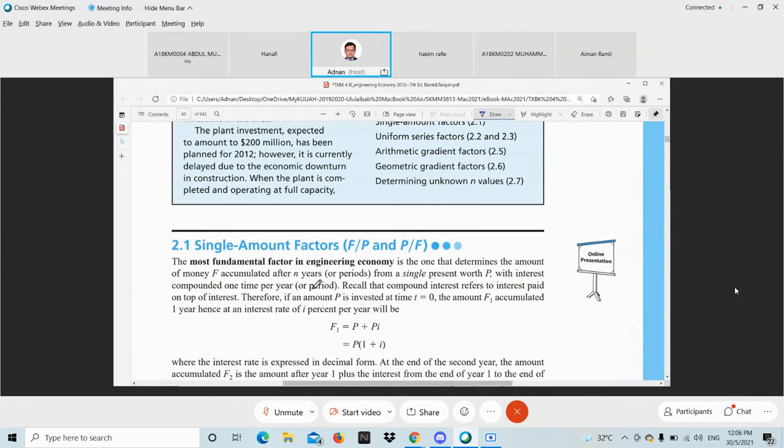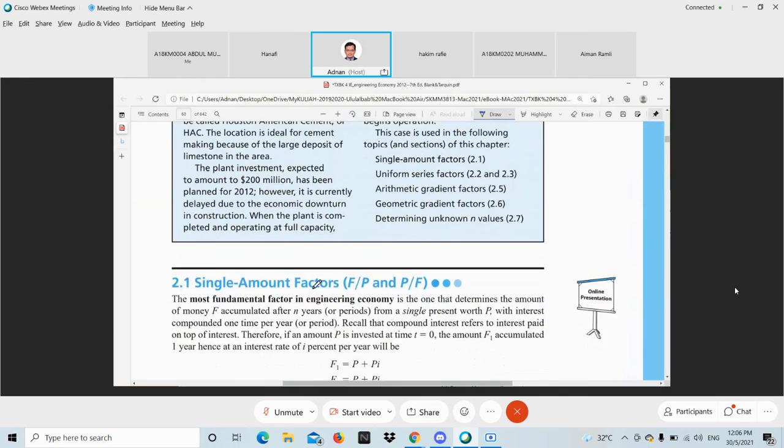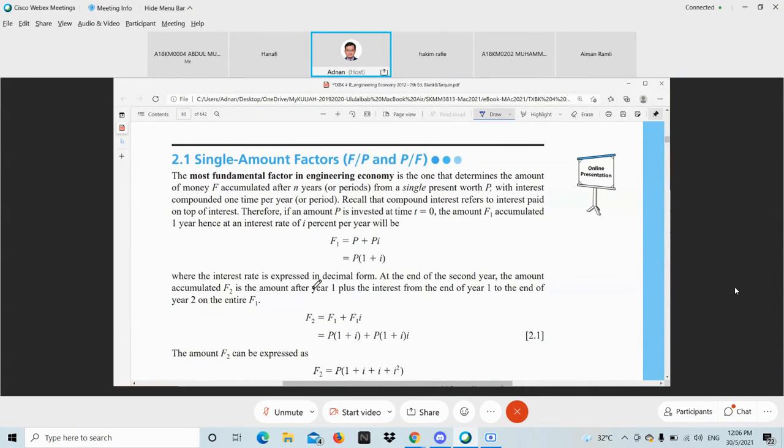Okay, let's look at this again with more examples. Single amount factor. If you want to know the future value, F1, meaning the future value at the end of year 1, it equals the principal plus the principal times the growth rate. I is the growth rate or interest rate per year.